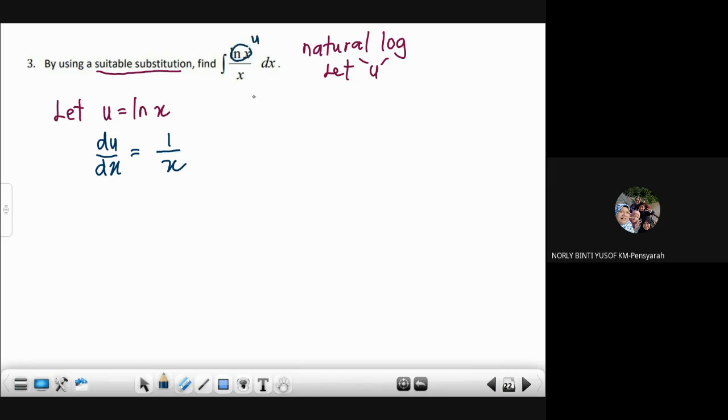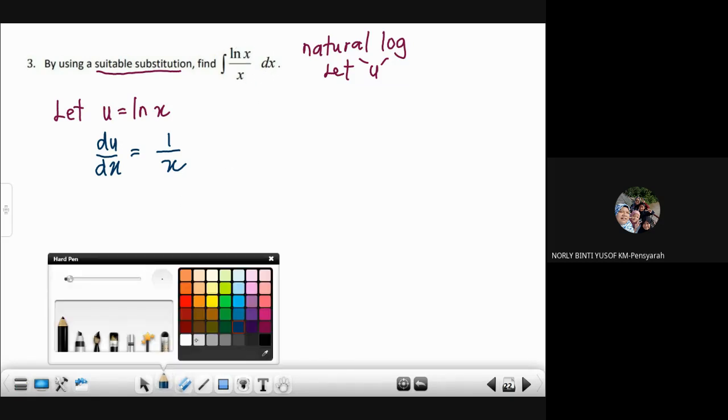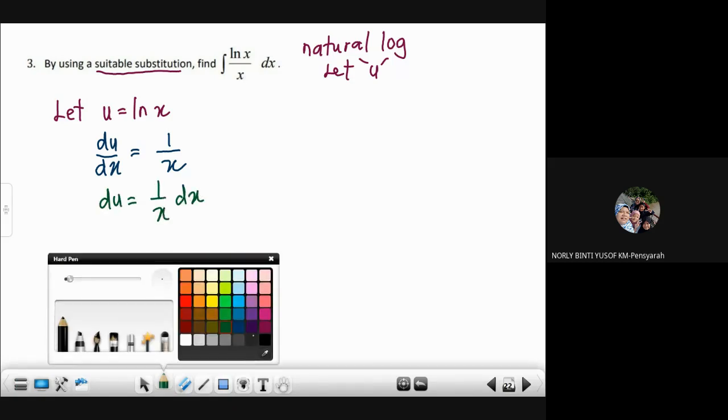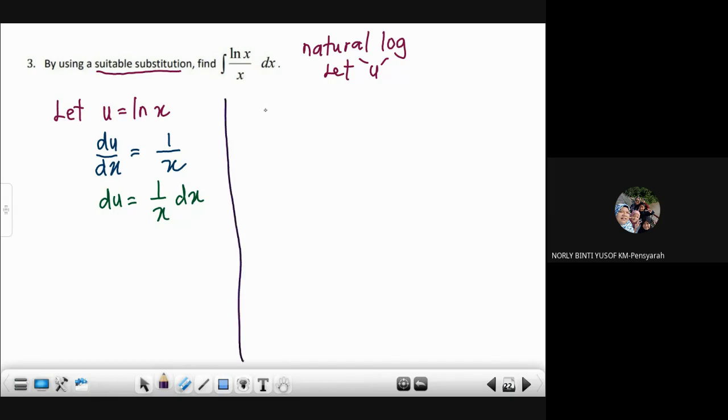Lepas tu kalau you pisah, you nampak 1 per x with the integral dx. So kita naikkan daripada du dx ni, du equals 1 over x dx. So kita pun buat pergantian dekat sini. So kita pisah lah: ln x in bracket, 1 over x dx.